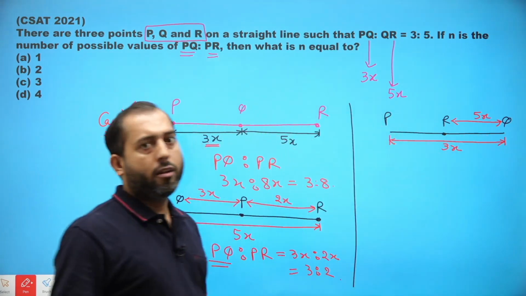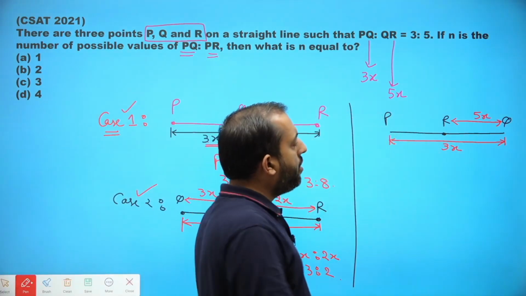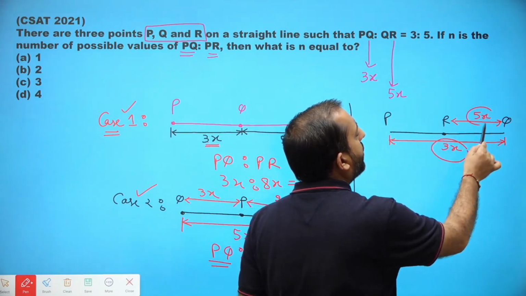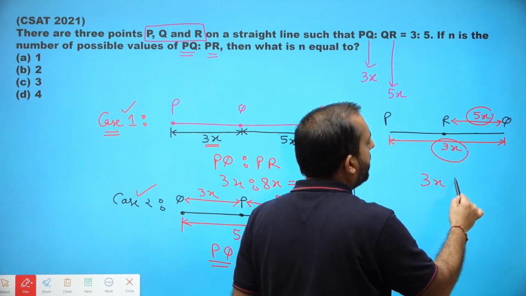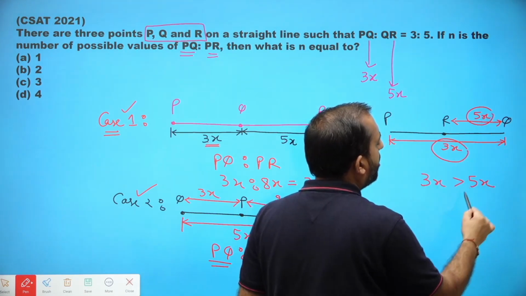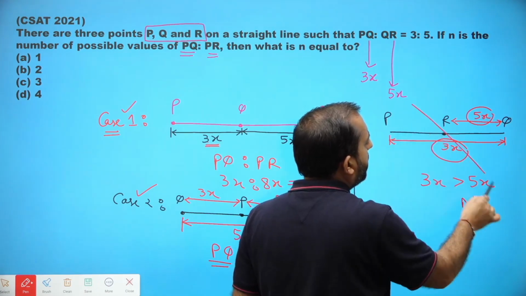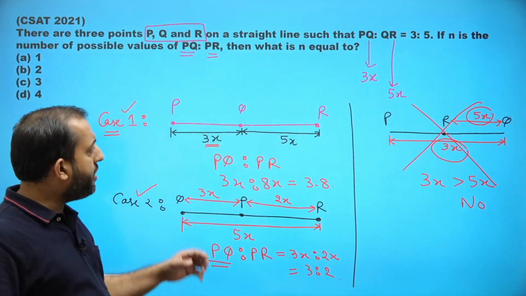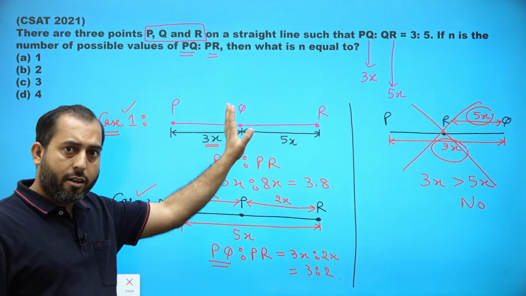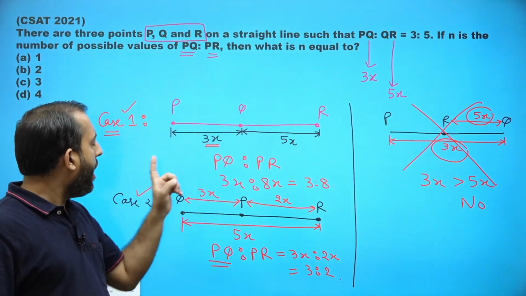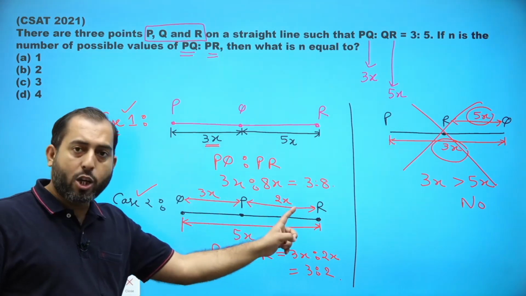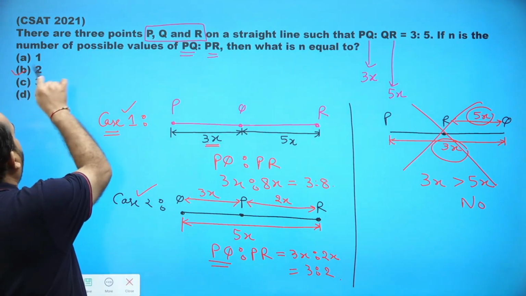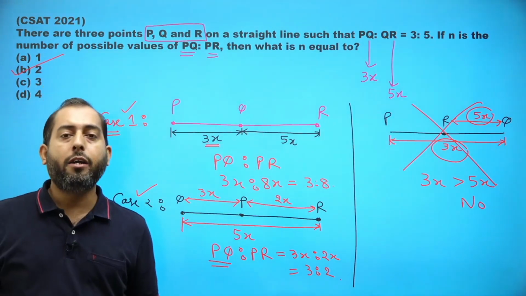So how is it possible that a distance of 3x is larger than 5x? Is 3x larger than 5x? No. So this case is not feasible. So only two cases are possible: the first, when Q lies between P and R, and the second, when P lies between Q and R. So the answer to this question is option B. Kindly make a note of it.